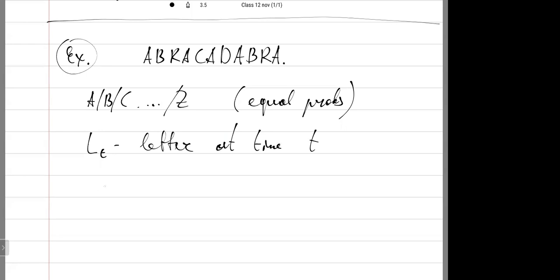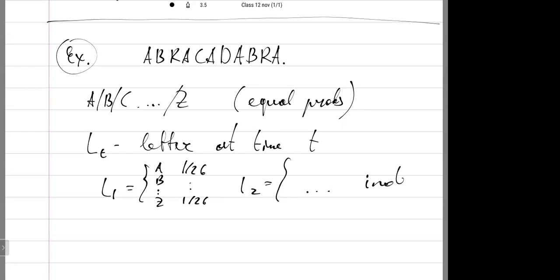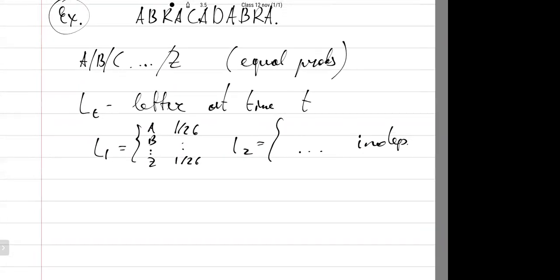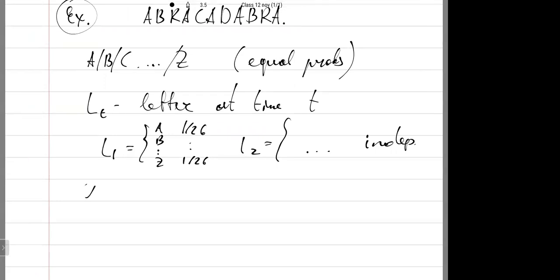It's a letter, so L1 maybe A, B, ..., Z with probability 1/26, 1/26, and so on. L2 too, and they're independent. So they're not numeric random variables, but who cares? And my F_t, my information, is that I know everything that the monkey has typed at time t or before.